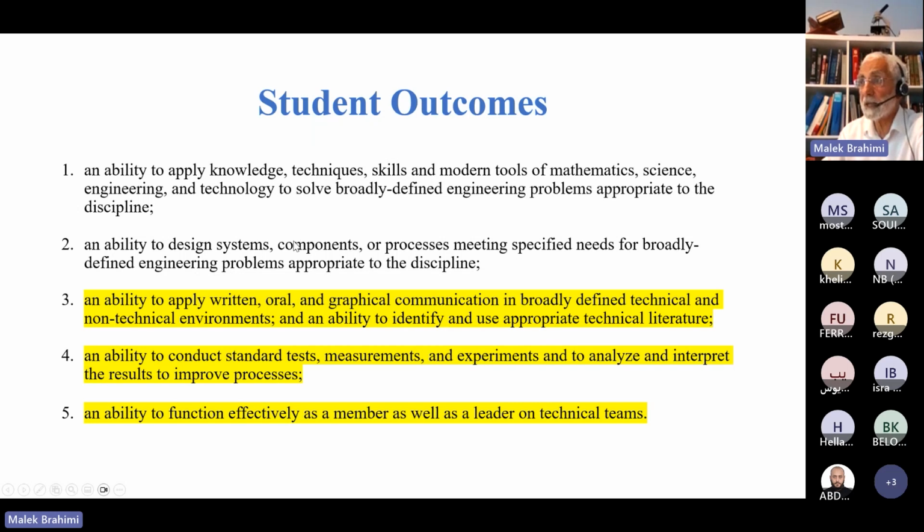He has to test that, all the processes, the media, the specific, etc. And in the lab also, he's going to see if the student has oral and graphical communication and written communication through his report, and his ability to conduct the test, his ability to function in a team. All this is going to be evaluated in rubrics. Okay.